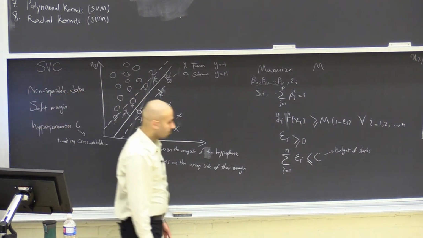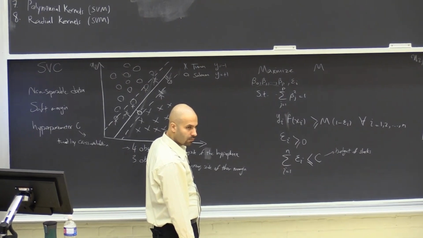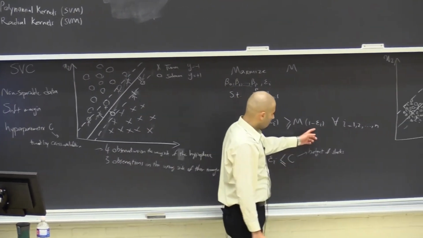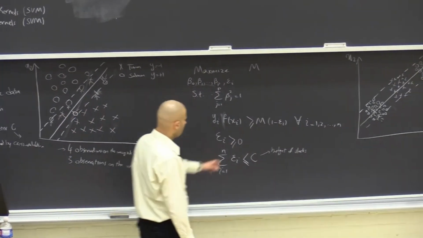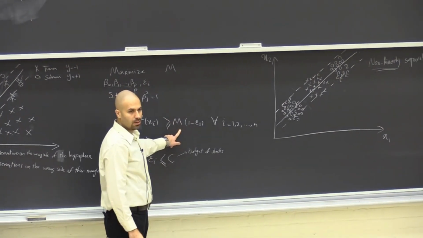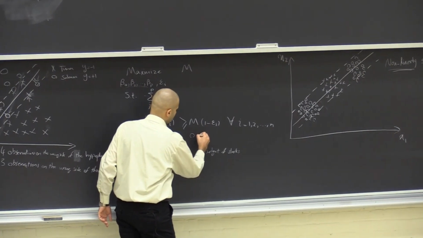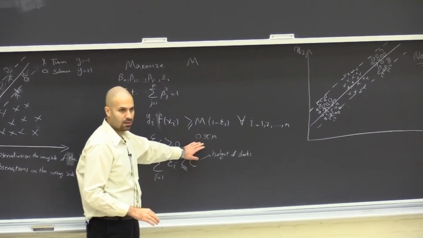I guess maybe, if you classify it on the wrong side, epsilon should be greater than 1. So when epsilon is 0, we get something similar to the previous problem, because this thing becomes m. And when epsilon is non-zero, here instead of m, we have, let's say, something like 0.95 m. So we're giving some slack to this requirement.